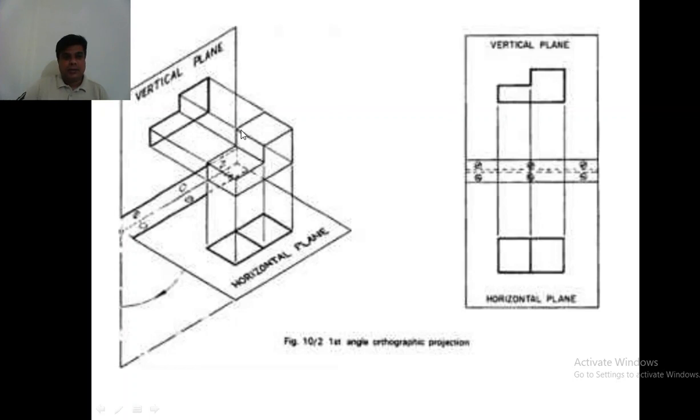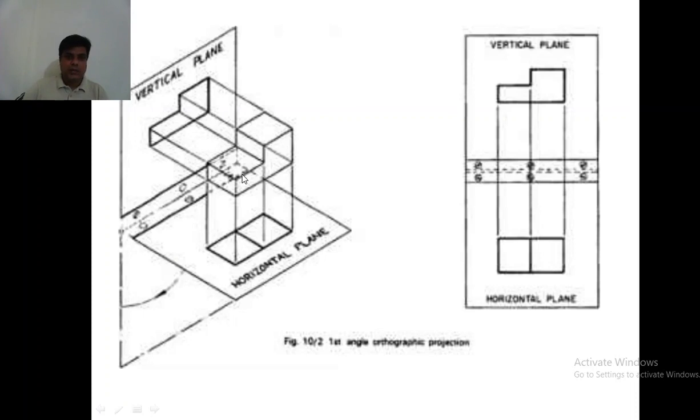So here I have one example. This is the vertical plane, this is the horizontal plane, and the vertical plane and the horizontal plane are perpendicular. Imagine one horizontal plane here, and you are keeping the object somewhere here. The object can be anything.